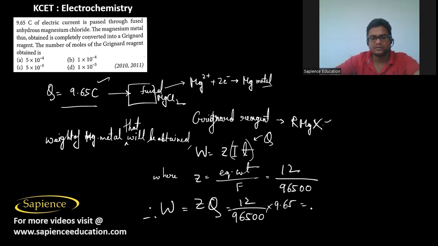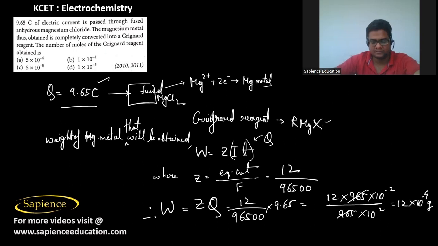So this will be 12 into 965 into 10 power minus 2 divided by 965 into 10 power 2. So this will be 12 into 10 power minus 4 gram. So the number of moles of magnesium obtained will be the same as the number of moles of Grignard reagent obtained.